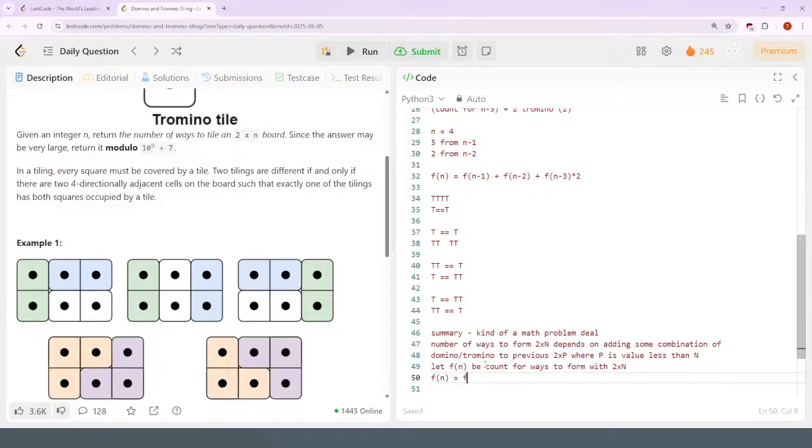So it's going to equal f of n minus 1, the number of ways that you form 2 by n minus 1, plus a vertical. That's just one way of doing that. Plus f of n minus 2. So if n is 3, then you form n minus 1 plus the vertical, or n minus 2 plus 2 horizontal. So one way of doing that.